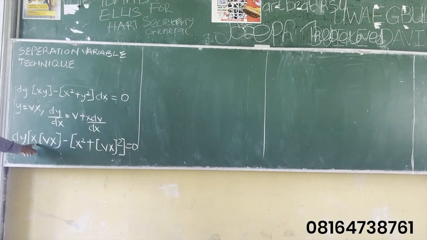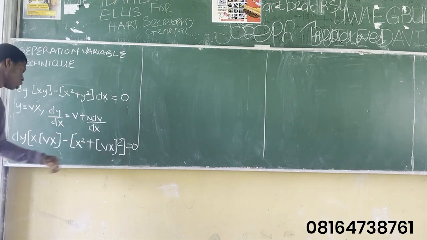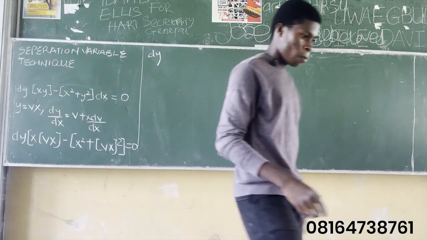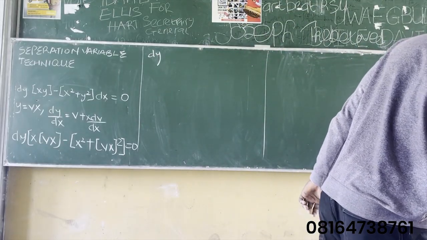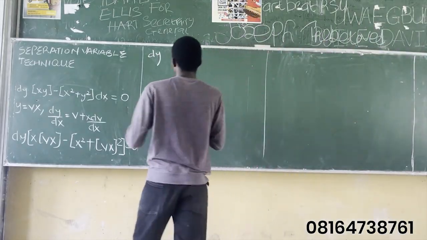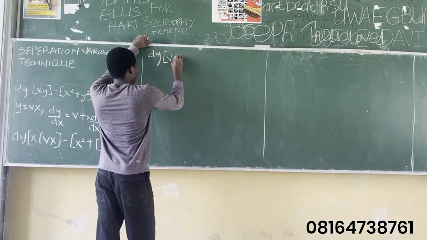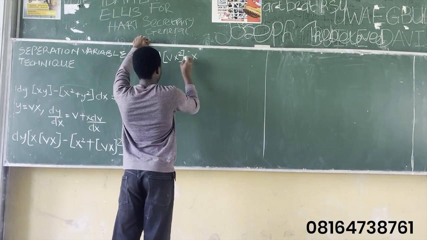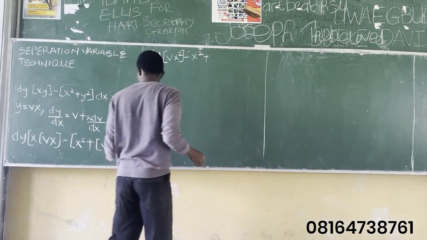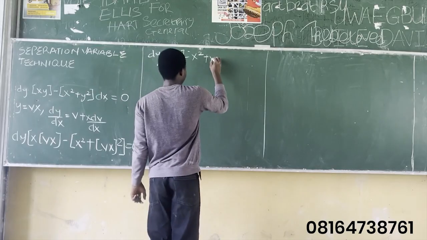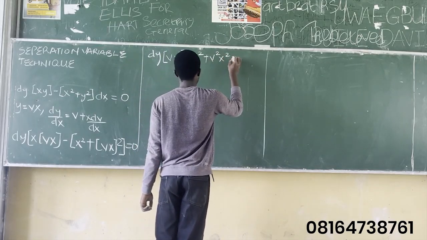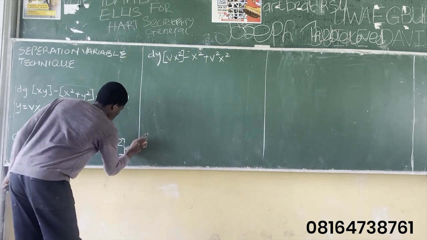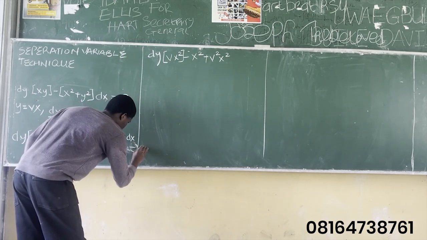So now we are going to be multiplying this by this and establishing this properly. So this is going to be dy, times vx squared minus x squared plus, this is half square, so it's going to be v squared x squared all in, okay, we have a dx over here, so it's going to be dx equal to 0.